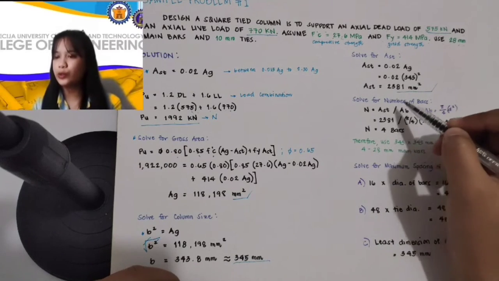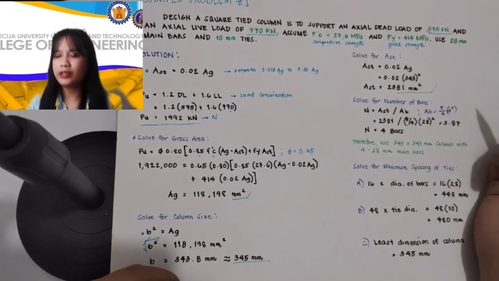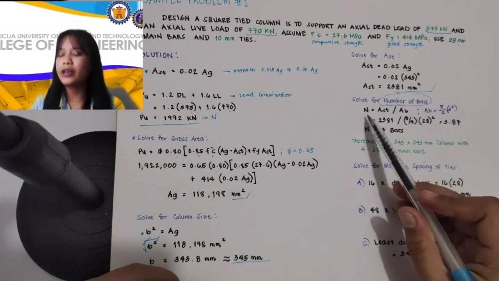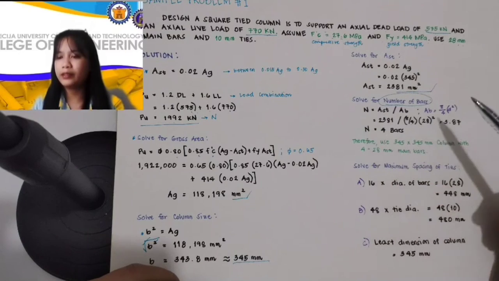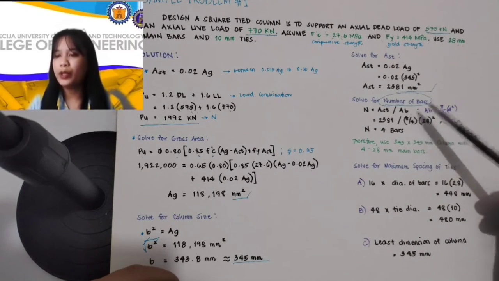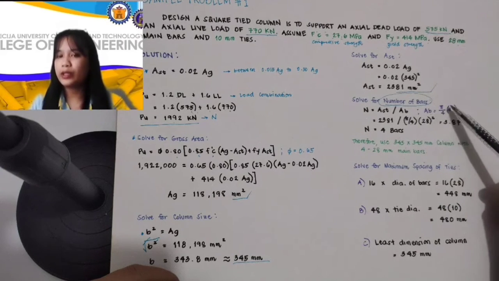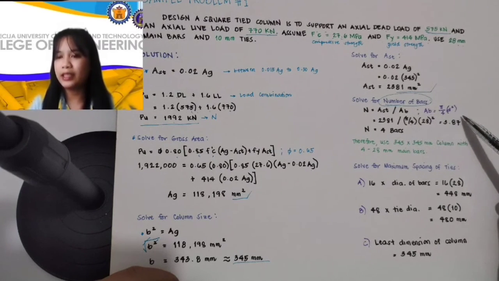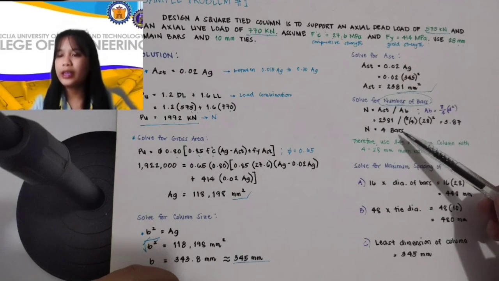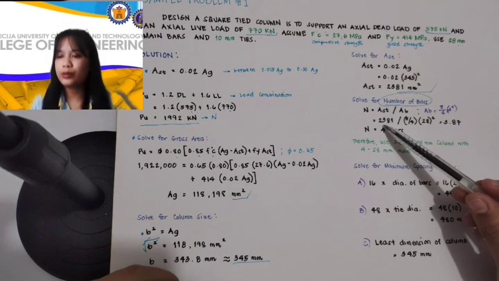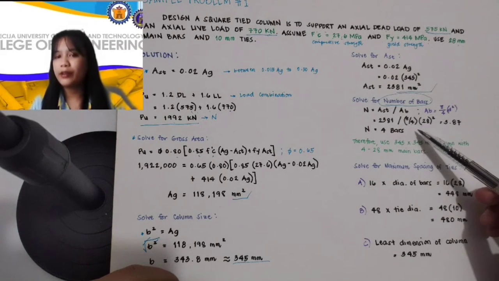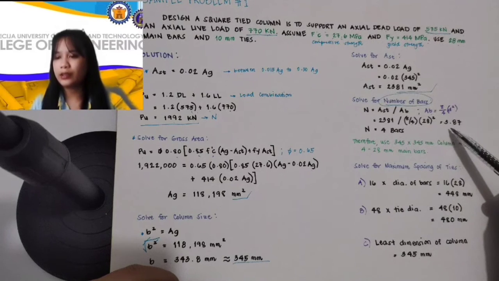Let's continue to compute the number of bars. We have the formula, number of bars is equal to Ast all over Ab, where Ab is equal to pi over 4 times d squared. That is the area of our circle. So n is equal to 2,381 all over pi over 4 times 28 squared.